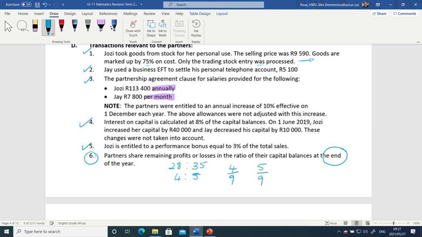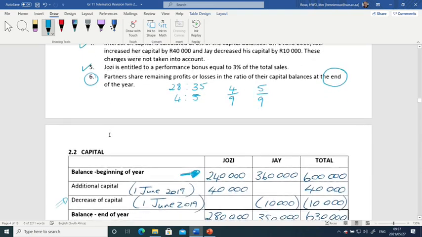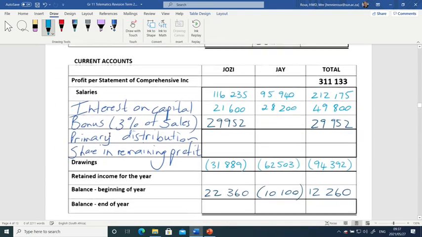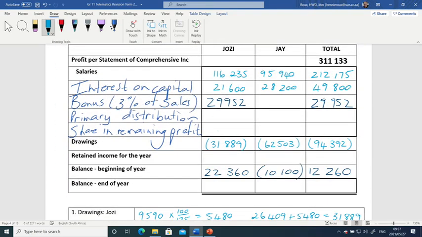But we must first calculate the remaining profit. So if you go back to the current accounts, we know that salary, interest, bonus gives you the primary distribution. We add. That will be a method mark. You just have to add correctly. 124, 140, and the total 291,927.